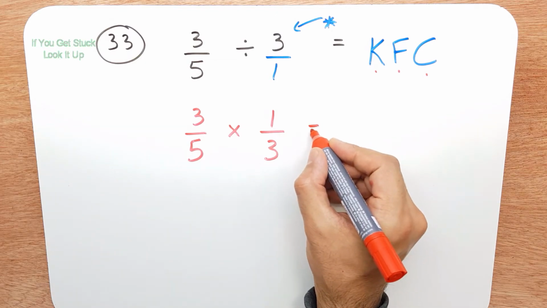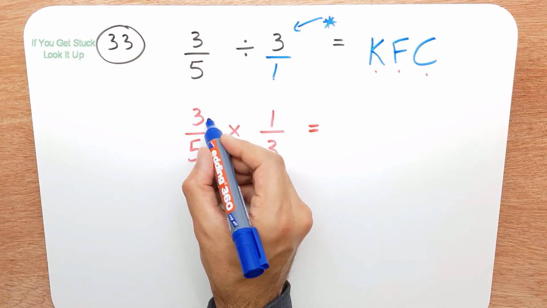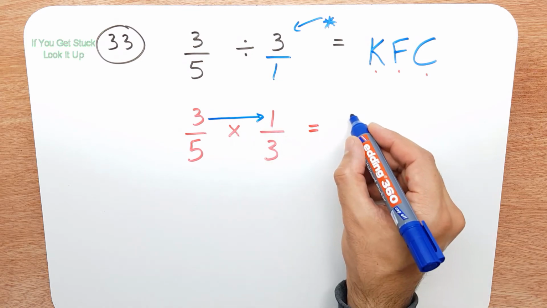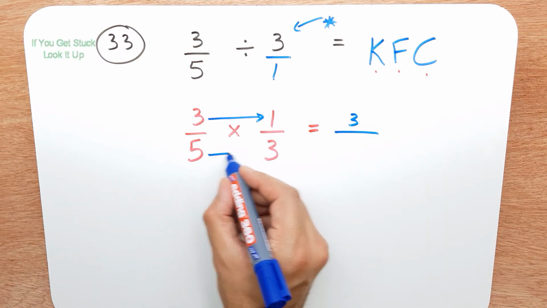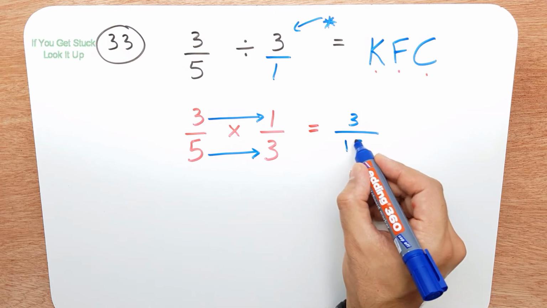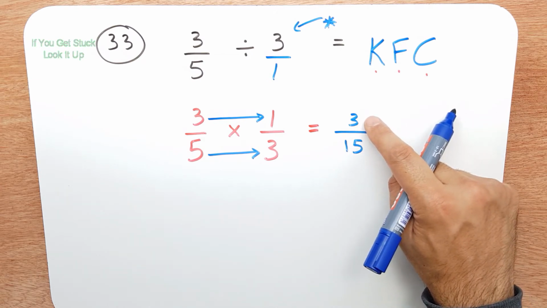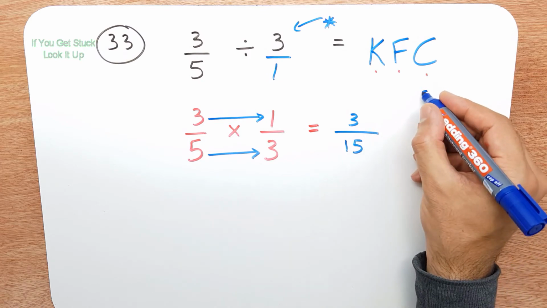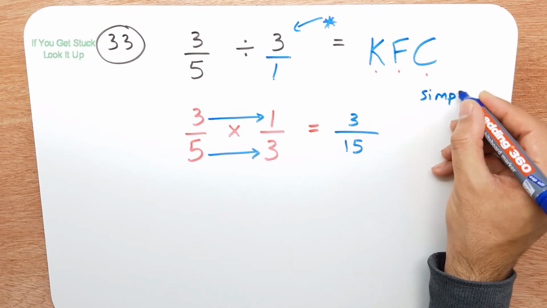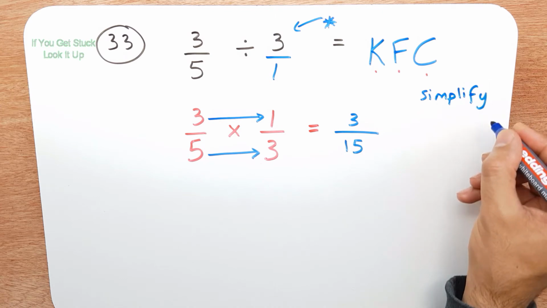Now this is straightforward. It's 3 times 1, which is 3, and 5 times 3, which is 15. Now you have to know that I can simplify this fraction, make it simpler.